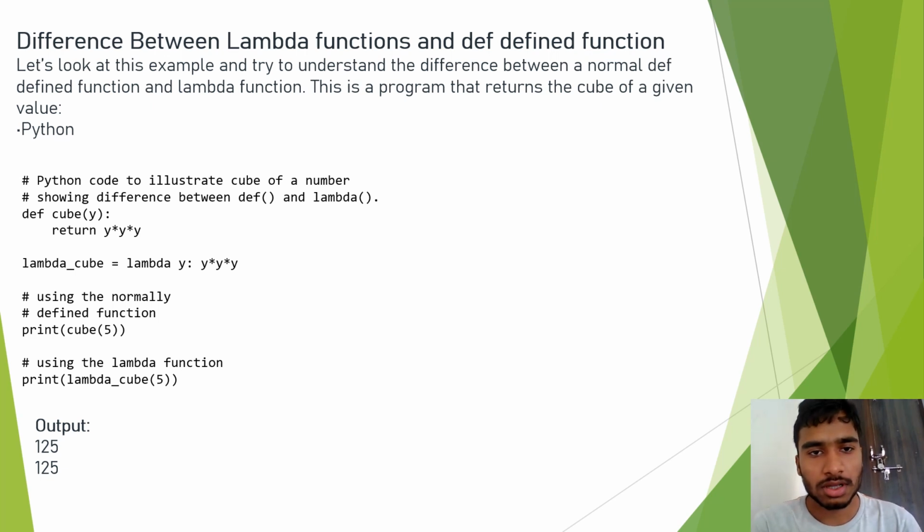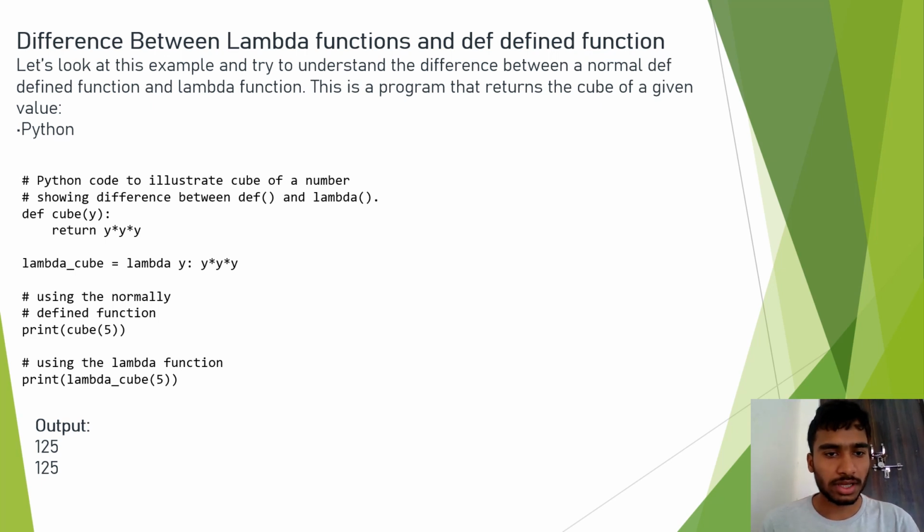First, it is using a normal def-defined function. This is how we represent lambda: lambda_cube = lambda y: y * y * y. Using the normally defined function, print(cube(5)). Using the lambda function, print(lambda_cube(5)).